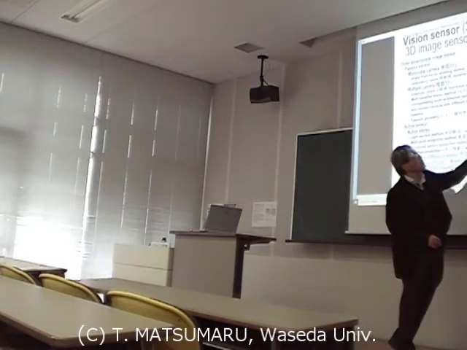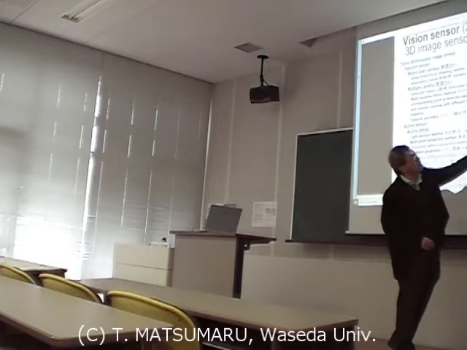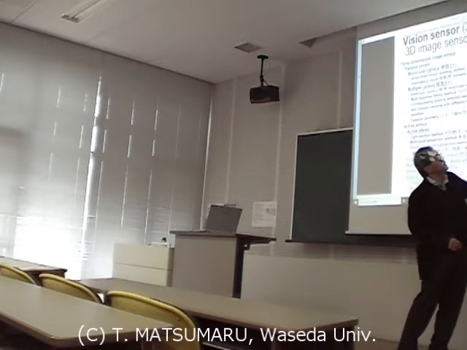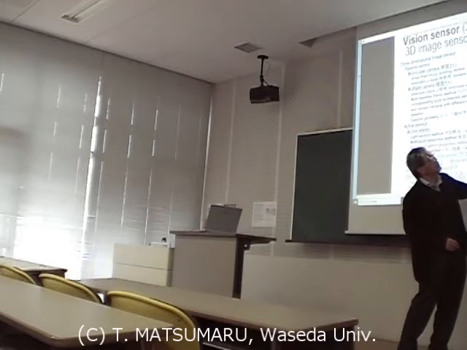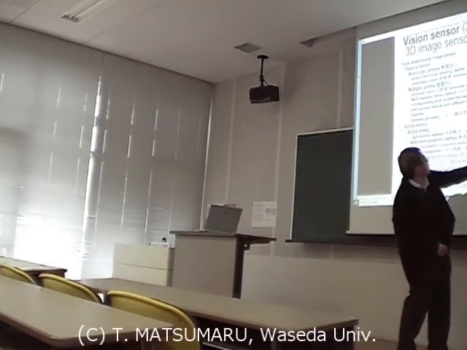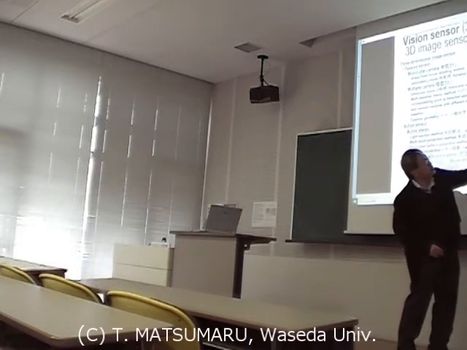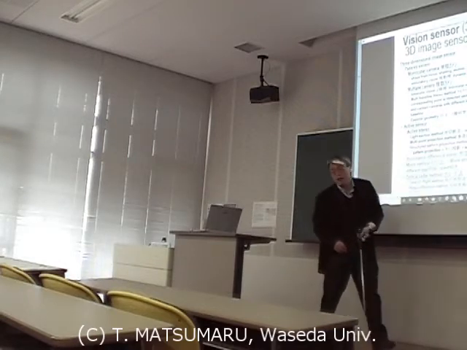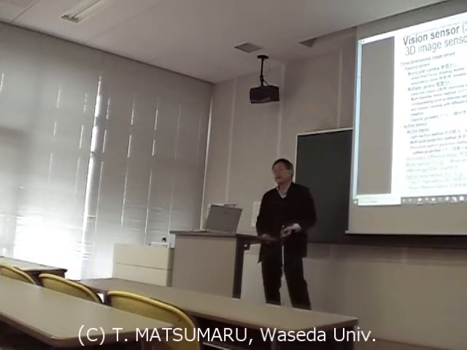Some pattern is projected by one projector, and then the camera detects the structured light image like this, and then this space code can be detected, and based on this space code, the object shape is estimated.